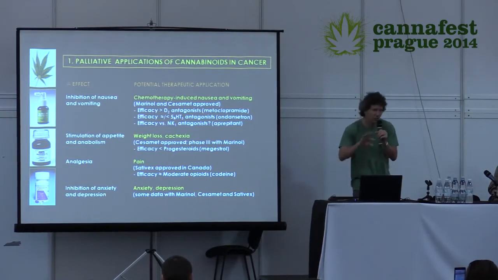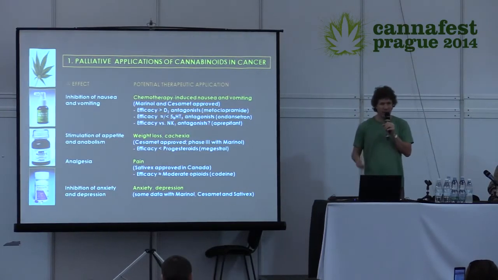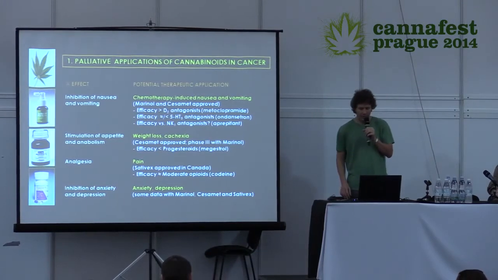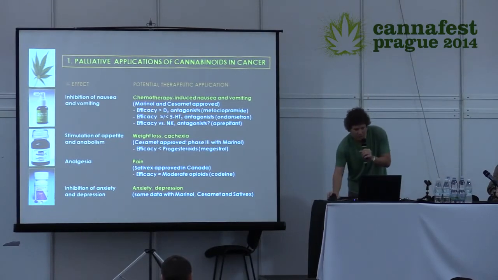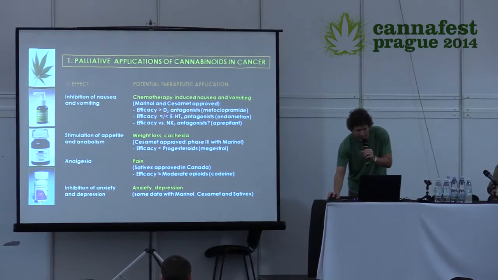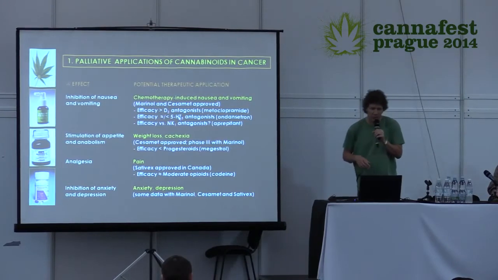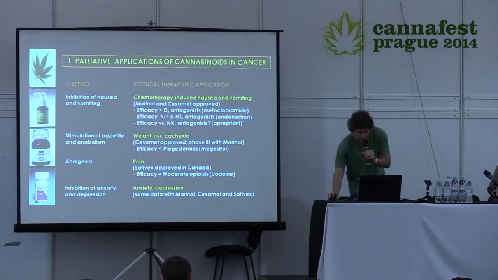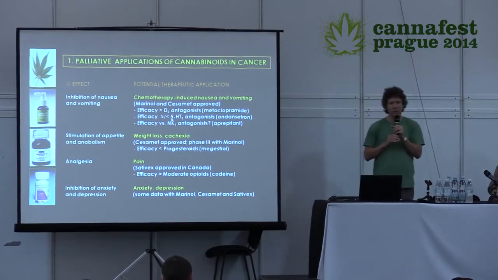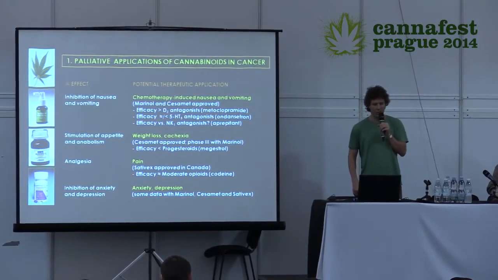They are so-so compared with the currently used antiemetic drugs called setrons. Chemically speaking, pharmacologically speaking, they are antagonists of one of the 5-HT receptors, the serotonin receptors. Not relevant. But I would say that overall, cannabinoids are pretty good anti-nausea compounds.